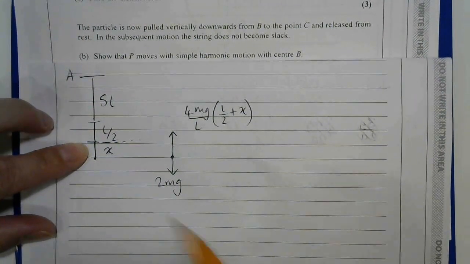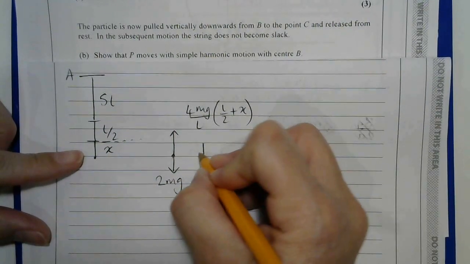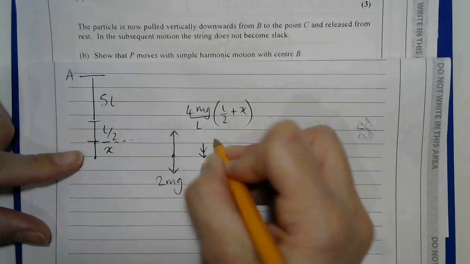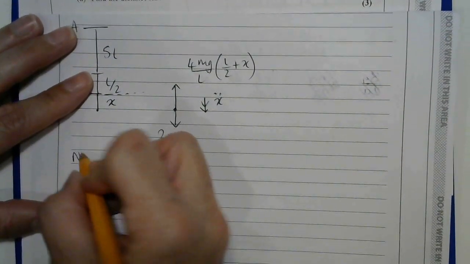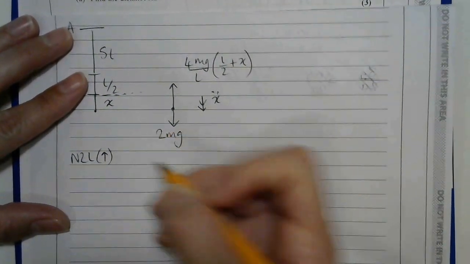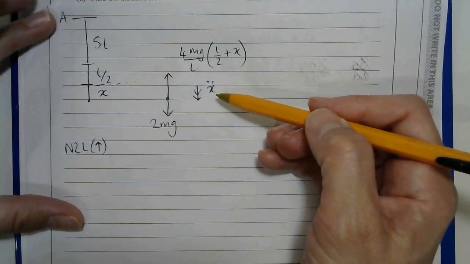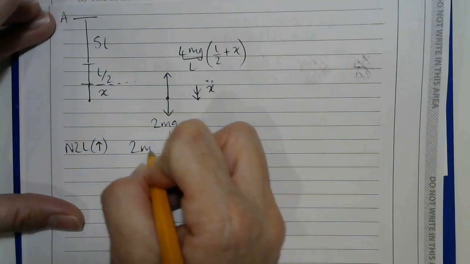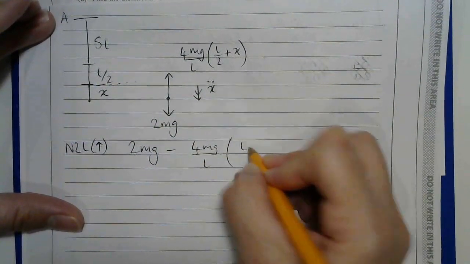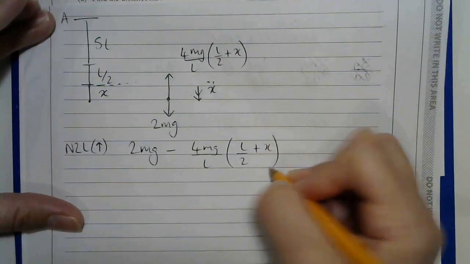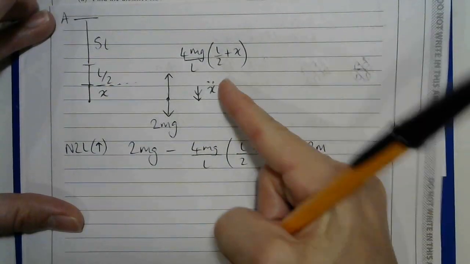And as x is measured from the equilibrium position downwards, then x double dot, the acceleration, will also be measured down. So doing Newton's second law vertically, I will have forces down minus forces up equals the mass, which is 2m, multiplied by the acceleration.